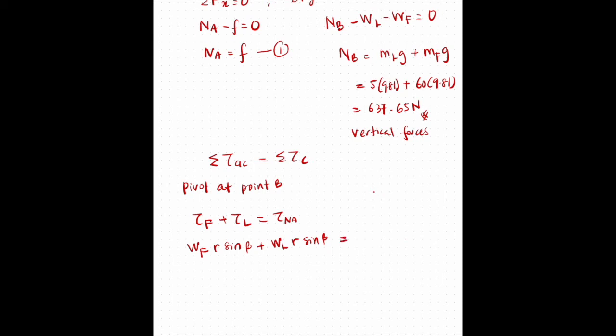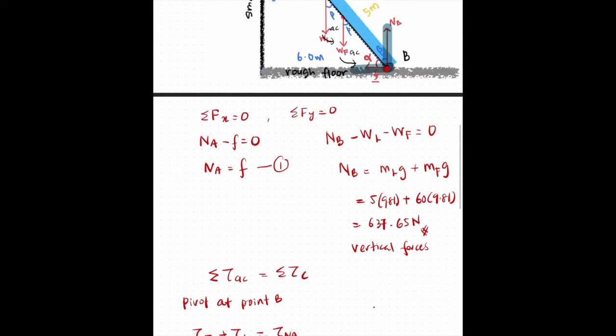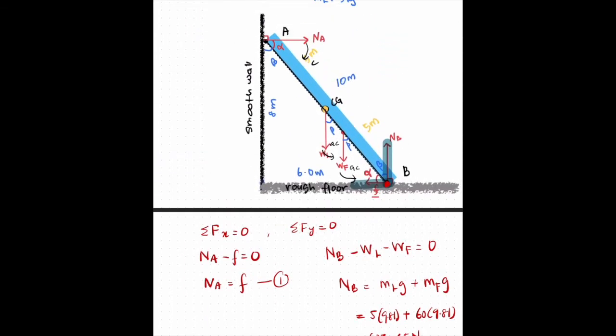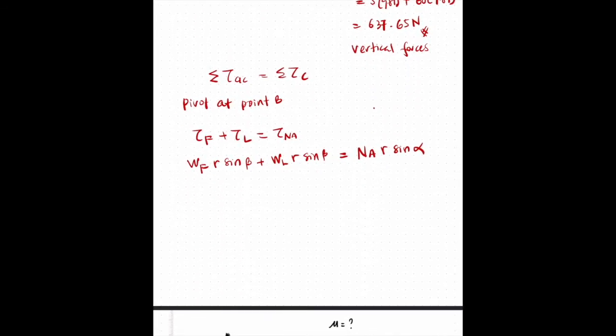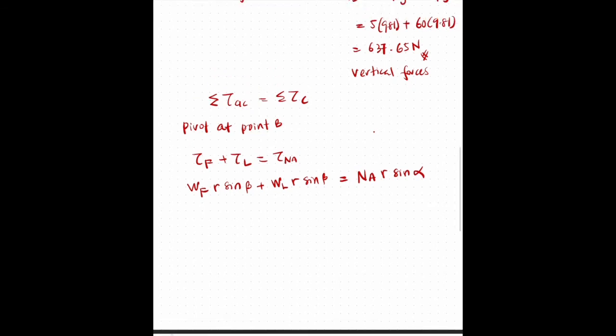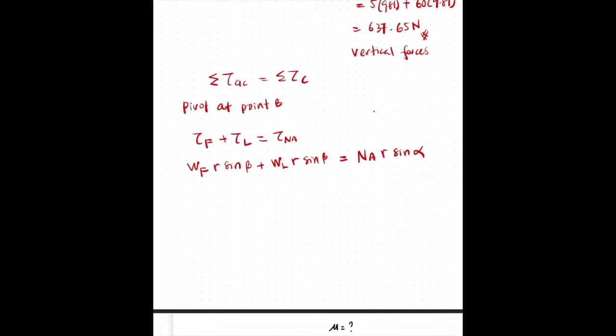Then is equal to torque NA, which is NA R sin alpha. Given mass of firefighter means that MF G R sin beta plus ML G R sin beta equal to NA R sin alpha.